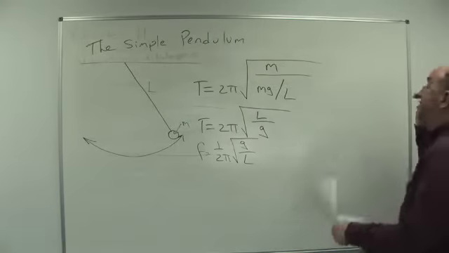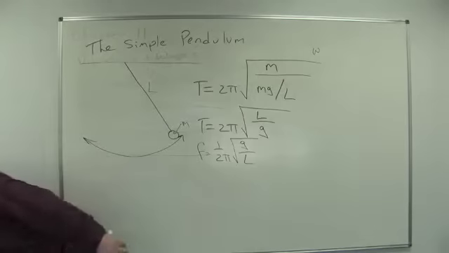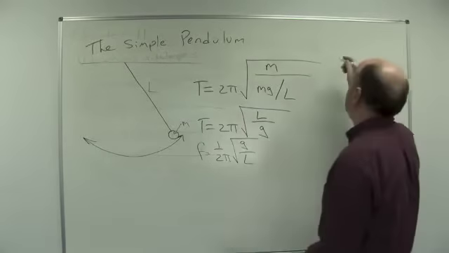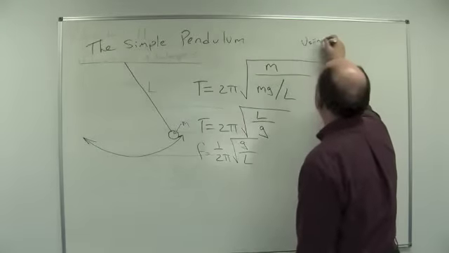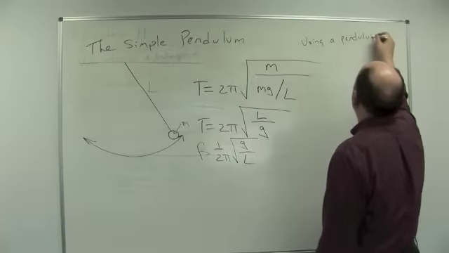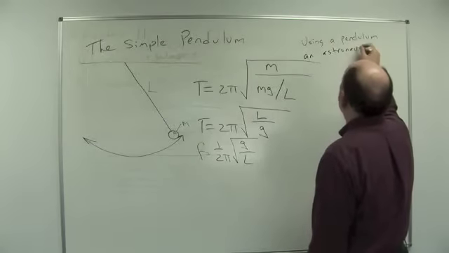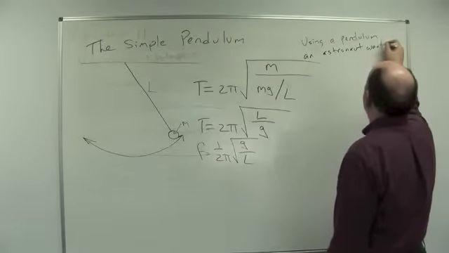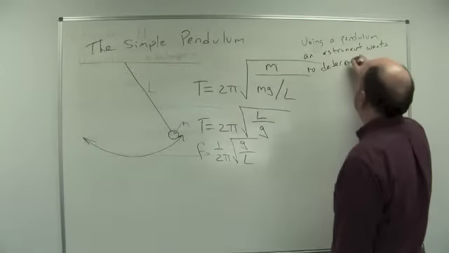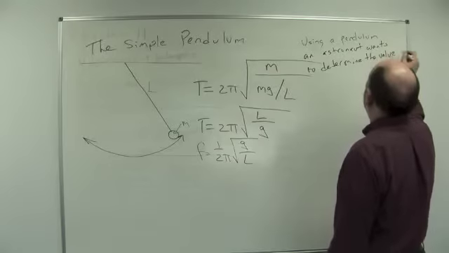And so let's put the question up here. Using a pendulum, an astronaut wants to determine the value of g on a planet.